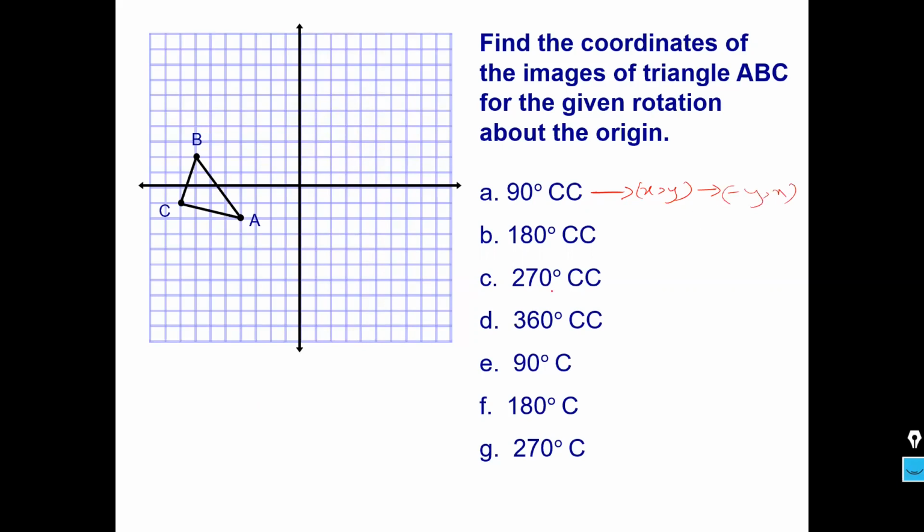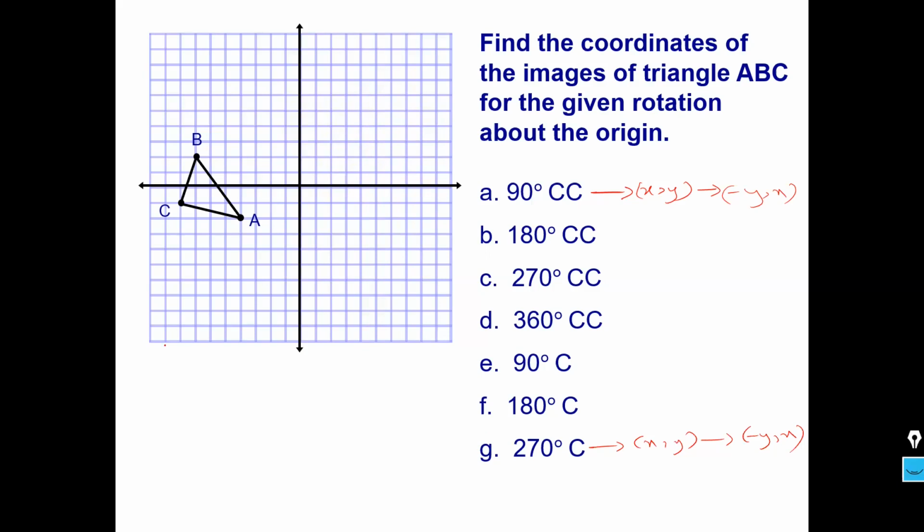The same thing will happen with 270-degree clockwise. X and y will turn into -y and x. So first we make only one image, since both of these are the same, A and G. So let's try with A and G.